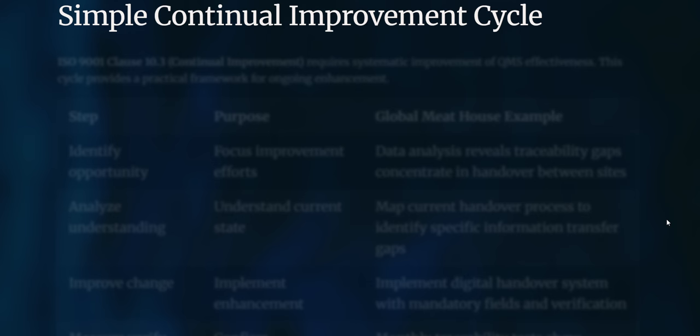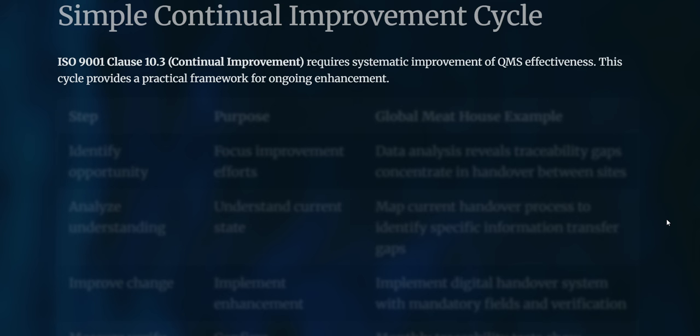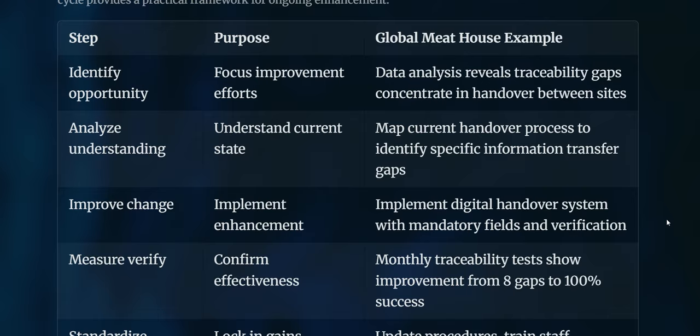Simple continual improvement cycle. ISO 9001, Clause 10.3, continual improvement, requires systematic improvement of quality management system effectiveness. This cycle provides a practical framework for ongoing enhancement. Step one: identify the opportunity.